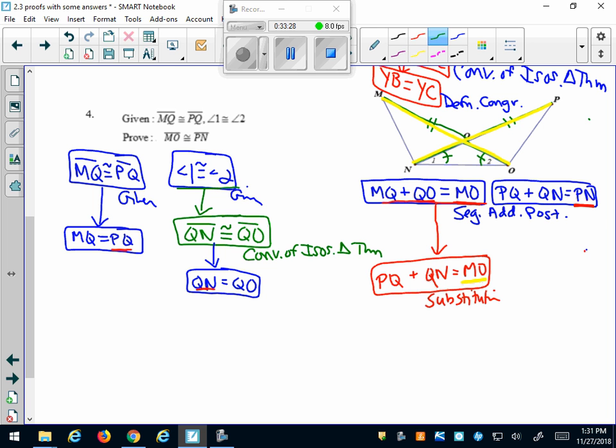Well, now I have PQ plus QN there and PQ plus QN there. They're the same exact expression. Well, if PQ plus QN equals MO and PQ plus QN equals PN, that means we can substitute or transitive and say MO equals PN.